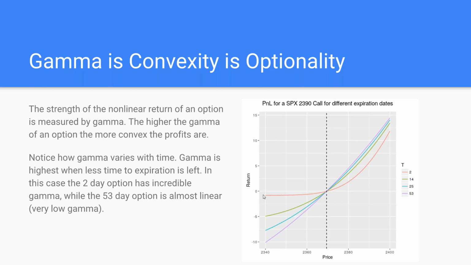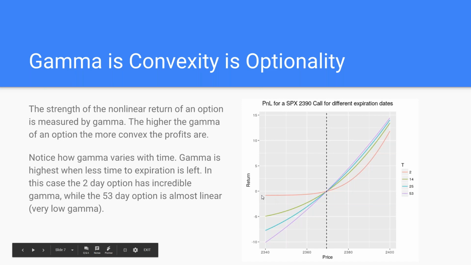A high gamma measures something like this, and then gamma starts to decrease, and I will say that the option that looks like a straight line has almost no gamma on it. So this chart is helping me to define two things. First, gamma as a quantifier of convexity, and two, you can see how gamma changes with time.